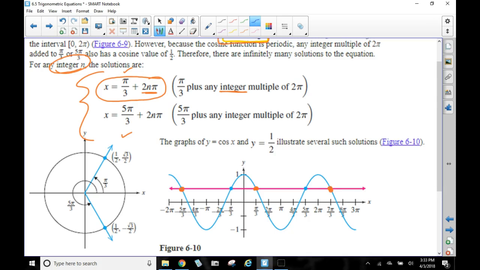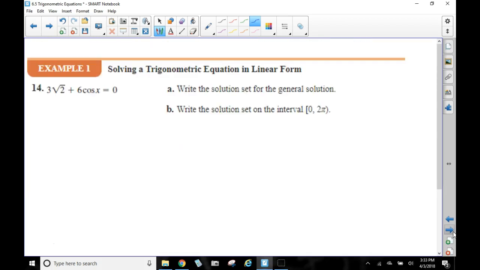The ones here for negative pi over 3 and 5 pi over 3 are coterminal angles. Those are both down there in quadrant 4. And that is just two of the infinite number of solutions that x equals 5 pi over 3 plus 2n pi would describe. So that's really what we're looking for on these types of problems.